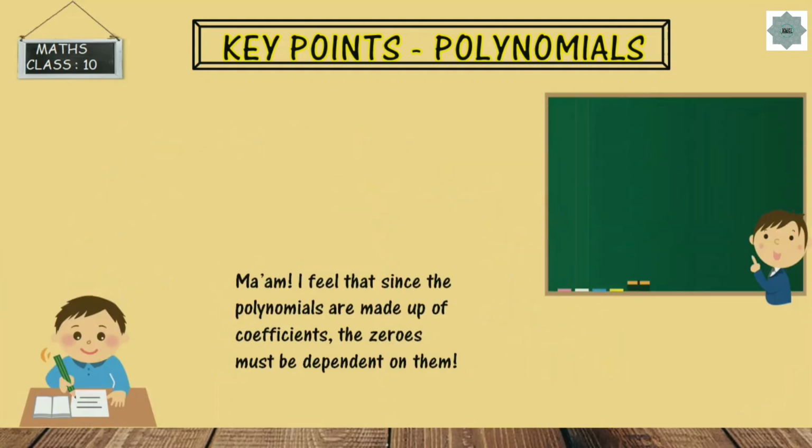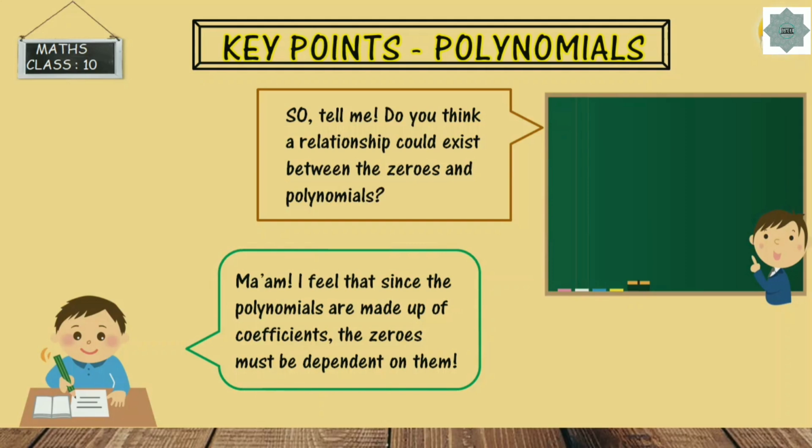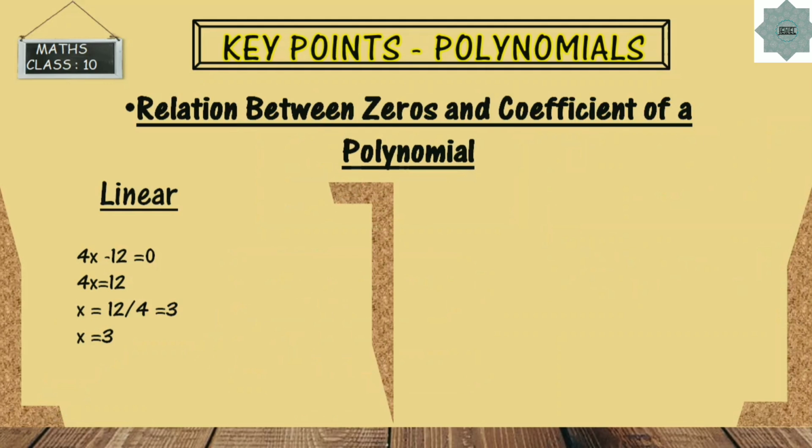Do you think a relation could exist between the zeros and polynomials? Yes. Now, if you look at the first example, we got the value of the variable x by dividing 12 and 4, which are the constant and coefficient of x.